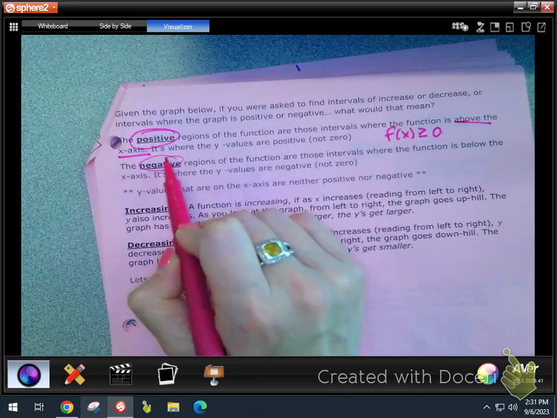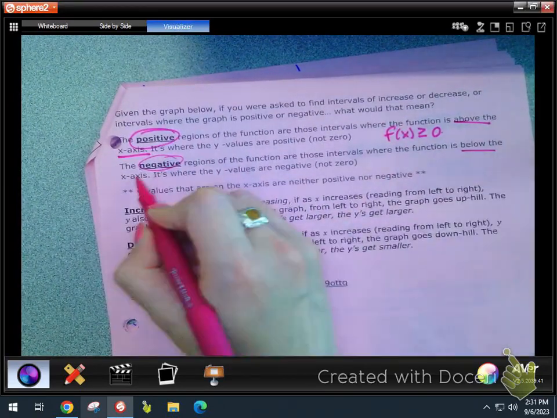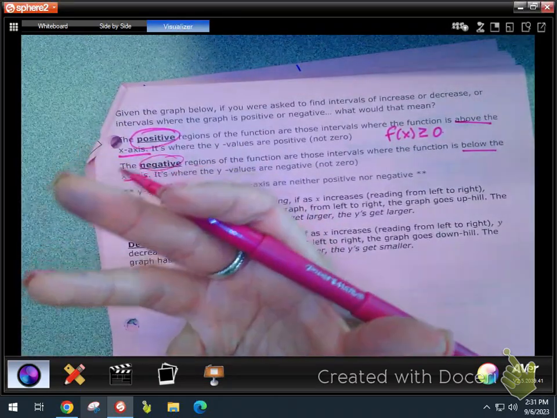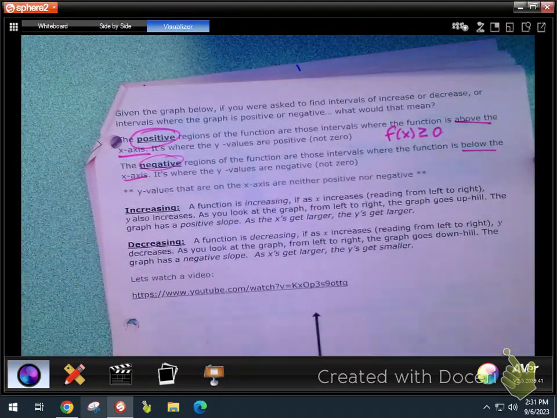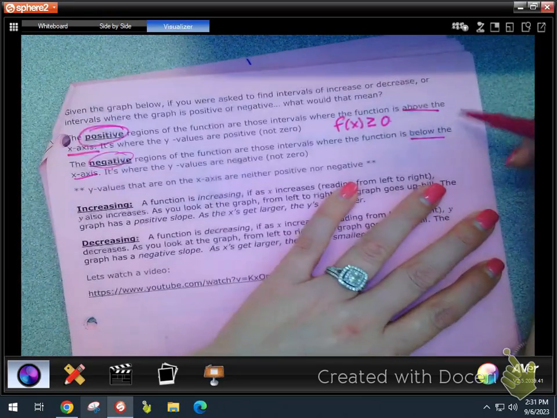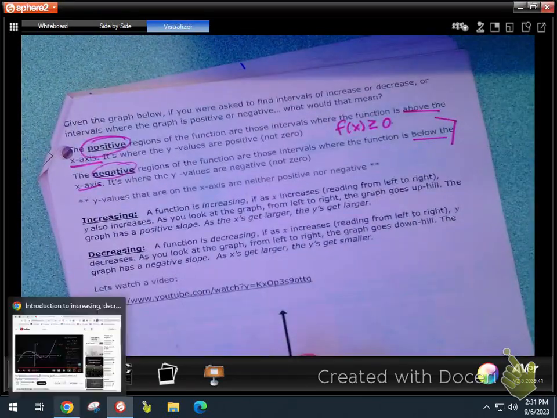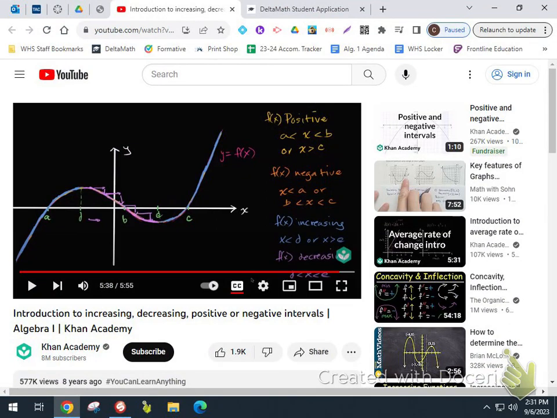It's negative where the function is below the x-axis. That's just saying, where are the y values negative? I always make a note about this. When you're talking about positives and negatives, did you notice on the graph where he always stopped, at A, B, and C? What attribute are those?